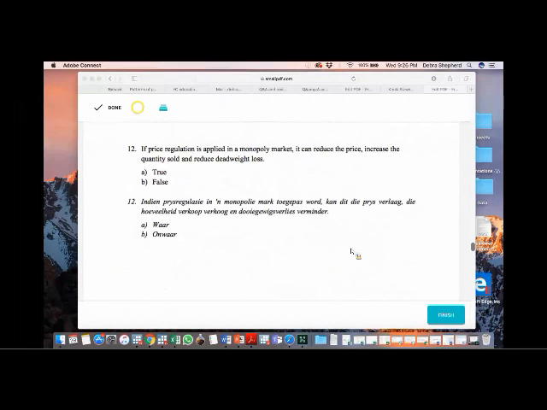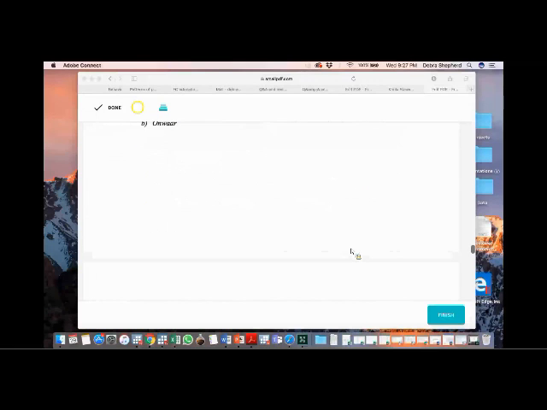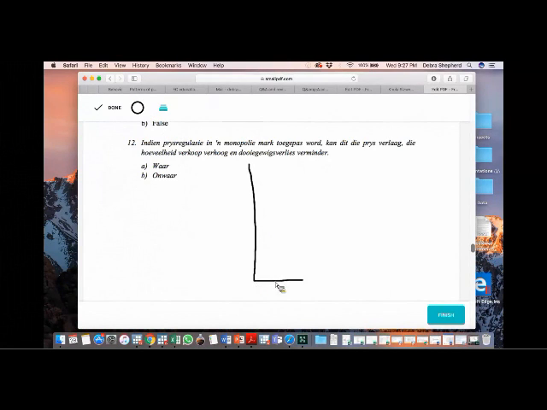The next question is about price regulation for a monopoly. So the reason why monopolies have to be regulated is because monopolies charge more than perfectly competitive markets and they produce less. So if we look at a monopoly market, it has a downward sloping demand.